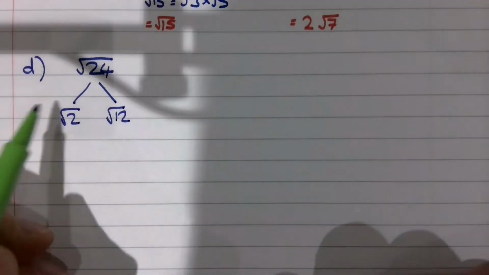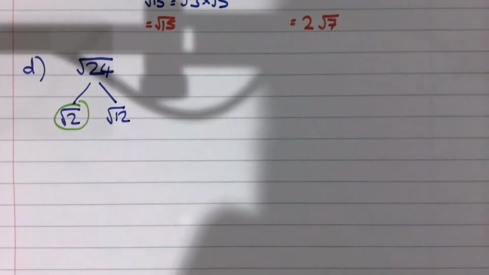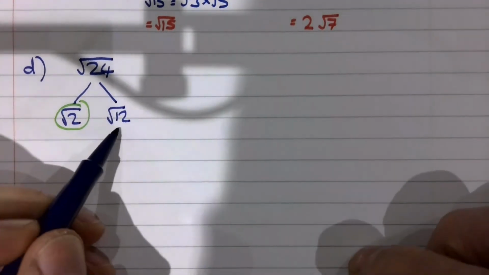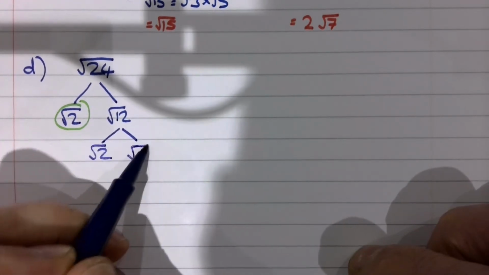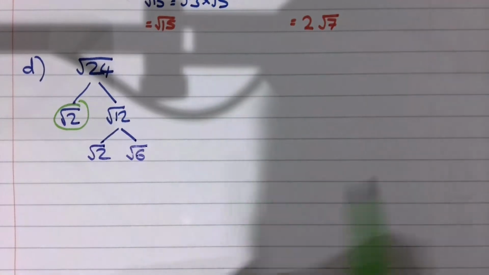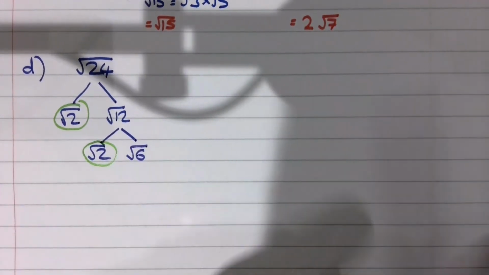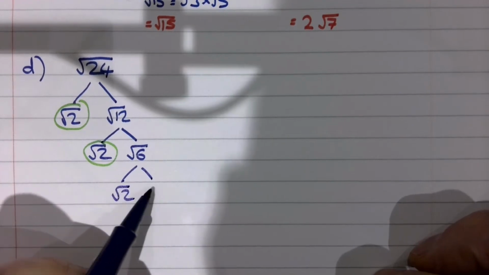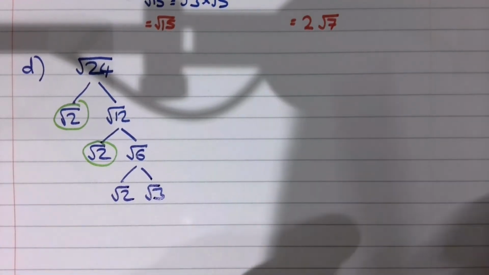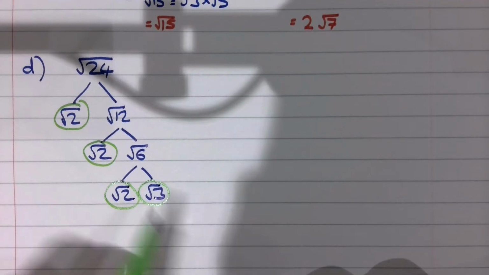And the 2 is prime, so that stops that branch. 12 is not prime, so we need to keep going. That's going to be 2 times 6. And the 2 is prime and the 6 is not, so let's smash that up a bit more. That's going to be 2 and 3, and they're both prime, so we're done with our prime surd tree.